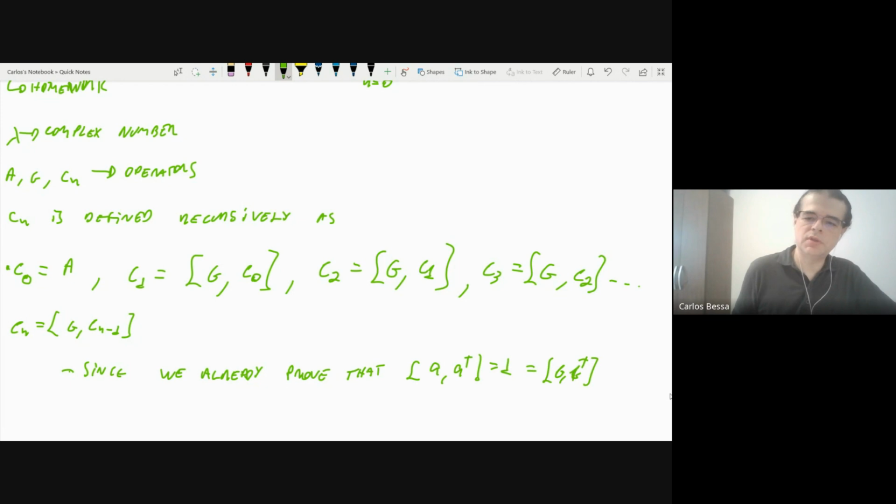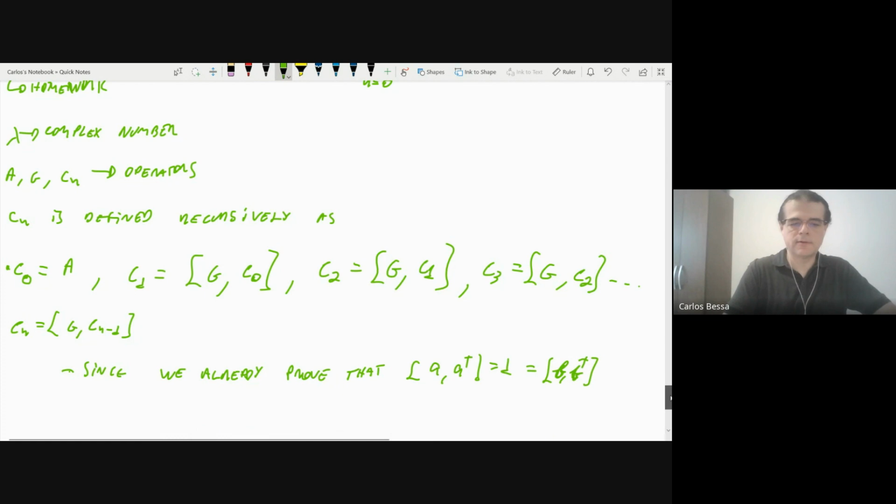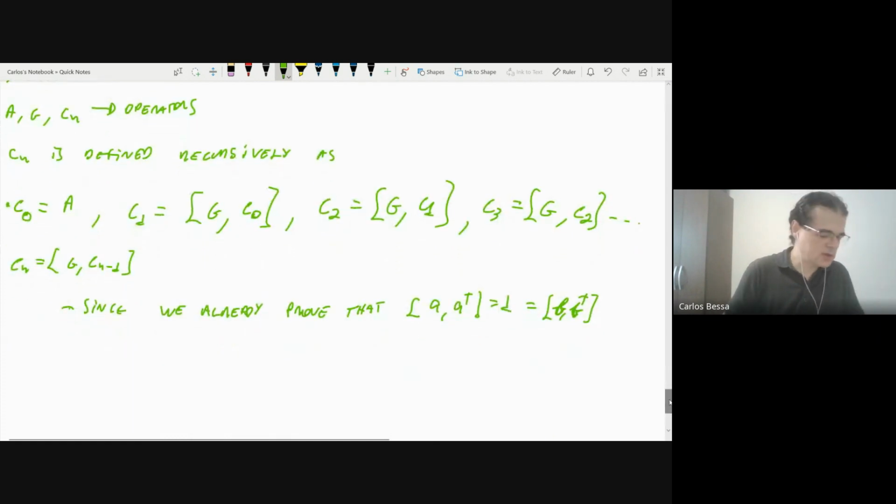This is B, B dagger and A dagger. So in the book, there is this erratum here, Nielsen and Chuang.